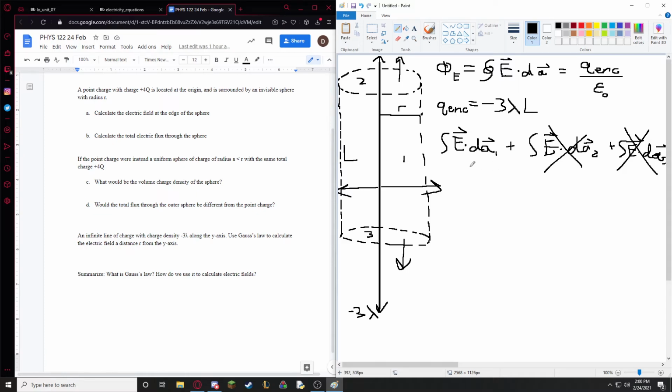And so what is our angle between our area vector dA1 and our electric field? Our area vector dA1 is going to be radially outward, right? Because it's always perpendicular to the surface. So what's the angle between that and our electric field?